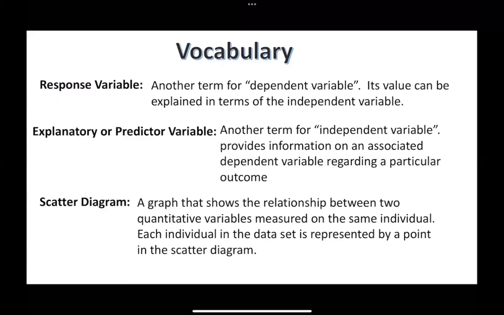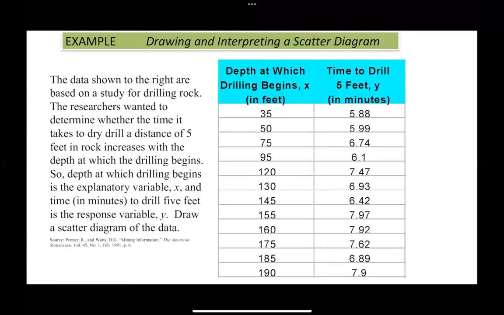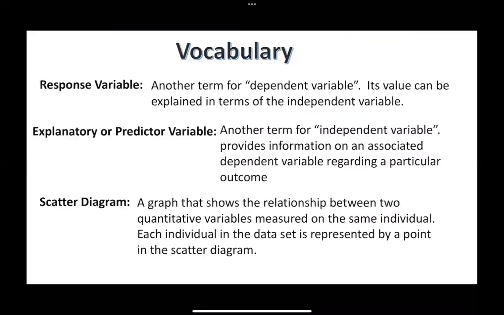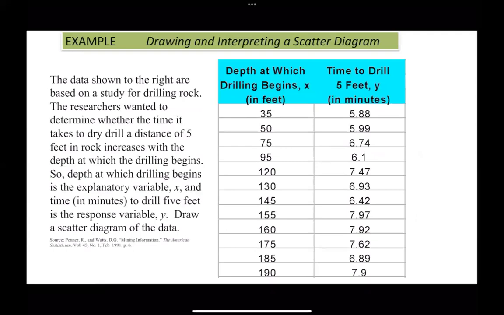Let's look at some scatter diagrams and some data. Here we have the depth. This is a study about drilling into rock. The researchers are trying to determine whether the time it takes to drill a distance of 5 feet increases when you start drilling at a deeper depth.